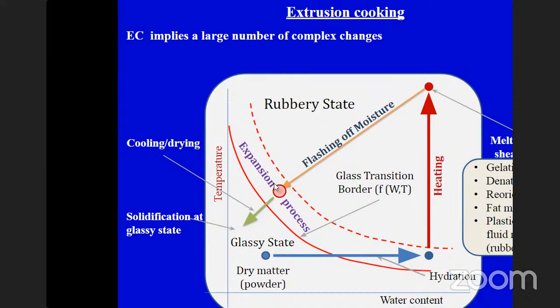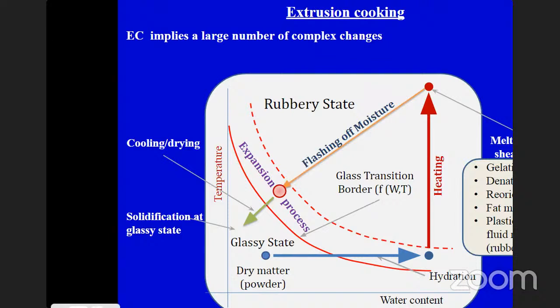So a step of drying or cooling is needed to reduce the temperature and the water content, and enable the expanded melt to cross the glass transition border to be in the glassy state, solidifying the new crispy porous structure obtained during the extrusion process.